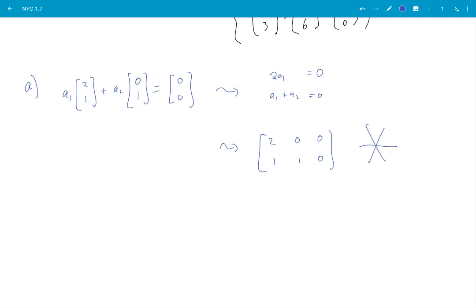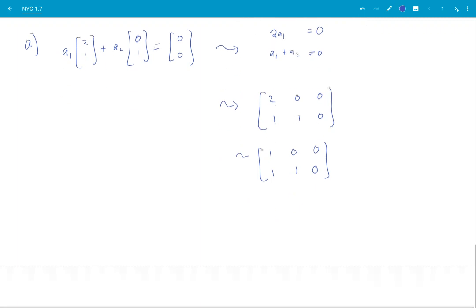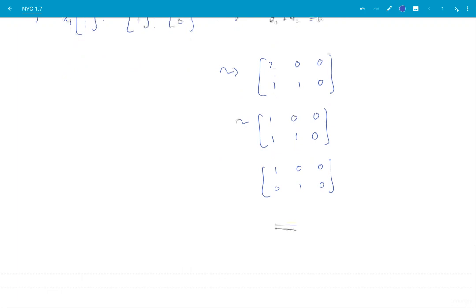I end up row reducing this matrix. You get this by dividing the top row by 2, and then one more step gives you this, and therefore A1 is equal to 0, and A2 is equal to 0.